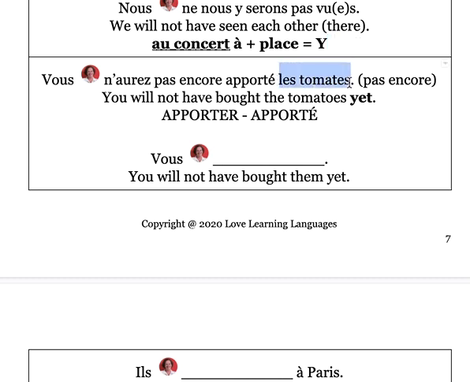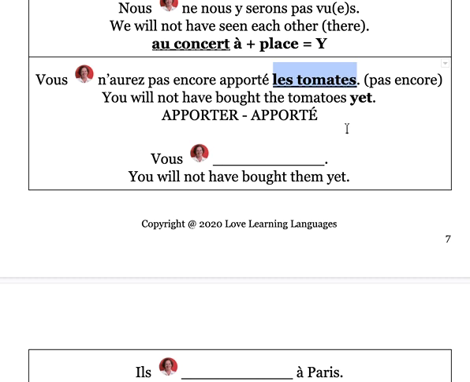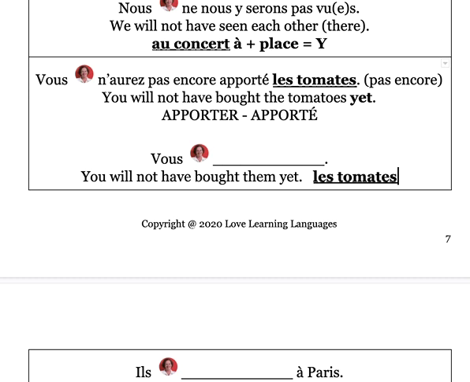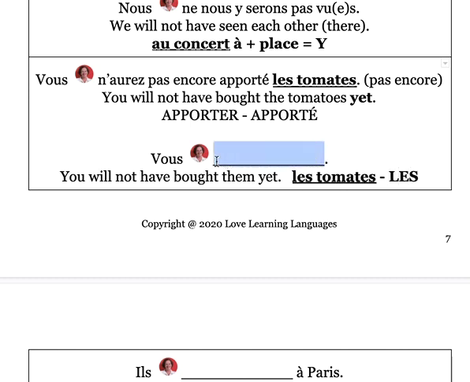So I want you to replace les tomates with a pronoun. D'accord? So that is going to be which pronoun? Well, it's a direct object, right? What have you not yet brought? The tomatoes. So we're going to use the pronoun les to replace them. Okay? So here I just have a vous.